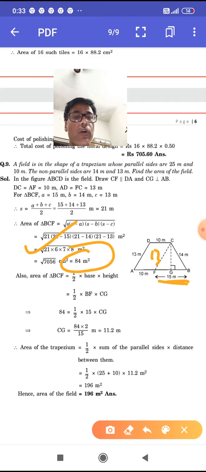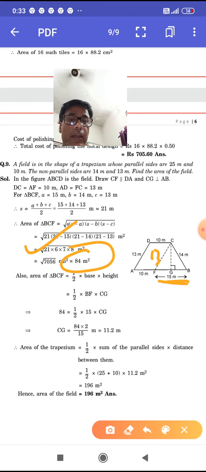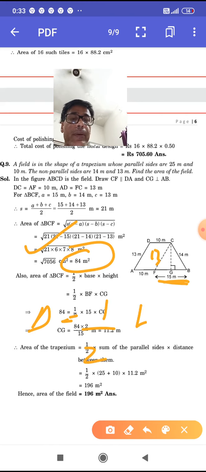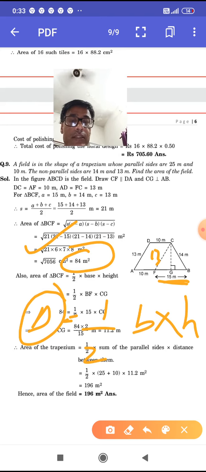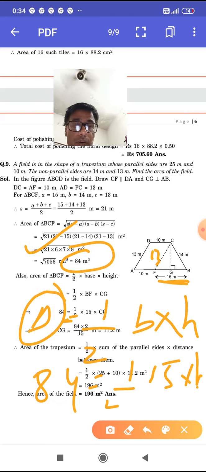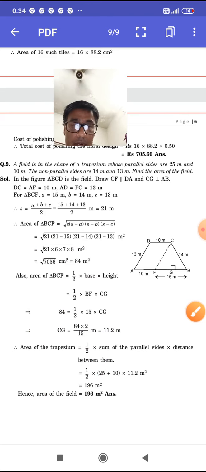Now the area of the triangle equals 1 by 2 base into height. The area is 84, the base is 15, and the height we have to find.